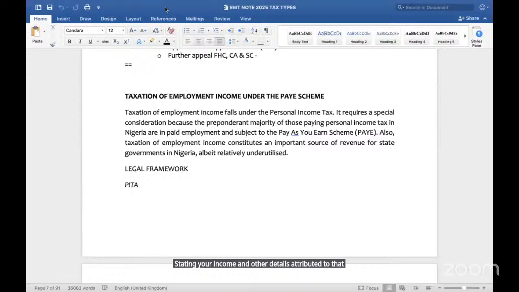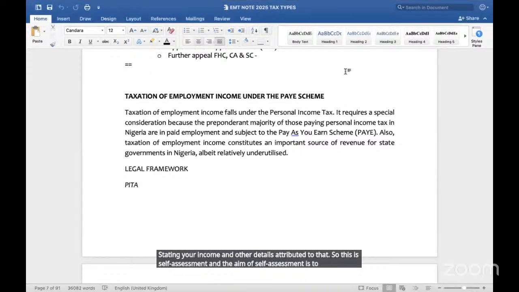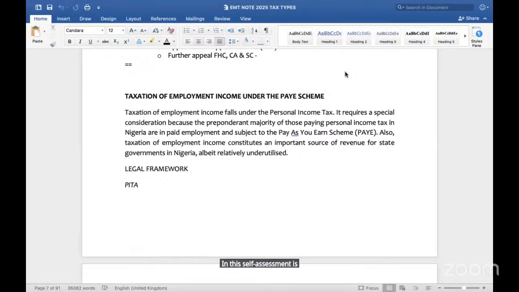So this is self-assessment, and the aim of self-assessment is to aid and assist that taxpayers pay their tax voluntarily, and it is expected that whatever they put in this self-assessment is true and accurate. Then upon filling the self-assessment, they will submit it to the board, that is the taxing authority, for review.